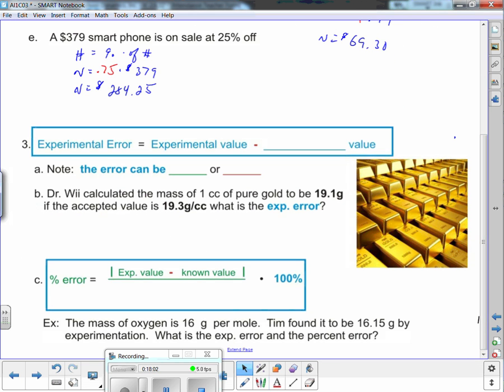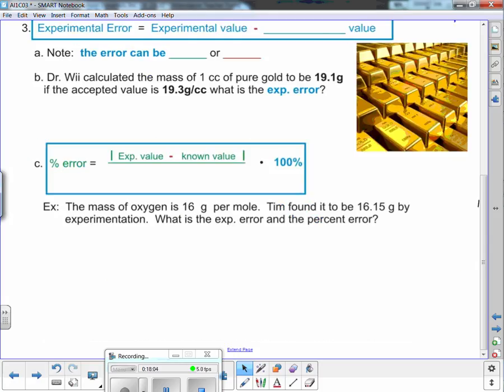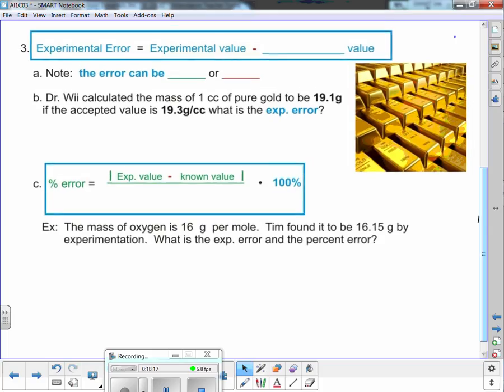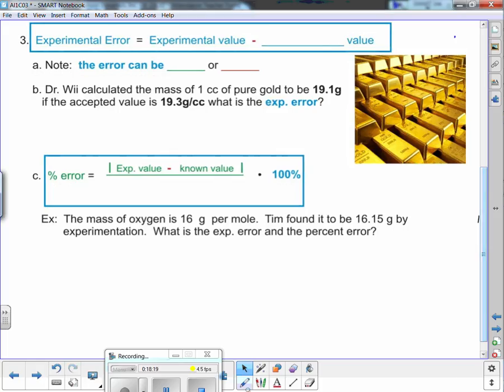Number 3. Try to just focus here on 3. Experimental error. What is it? It's the experimental value minus the known value. And in this, the error can be positive or the error can be negative.